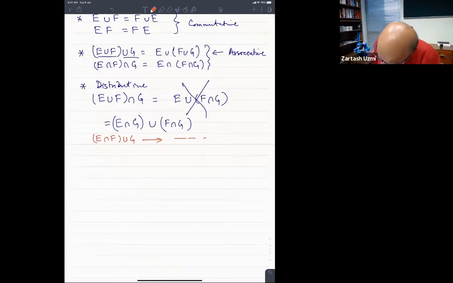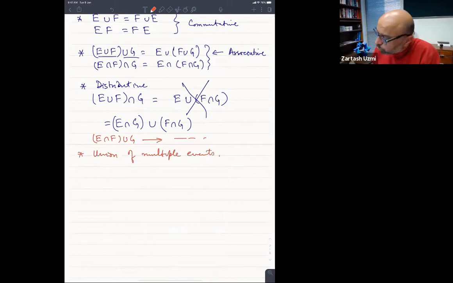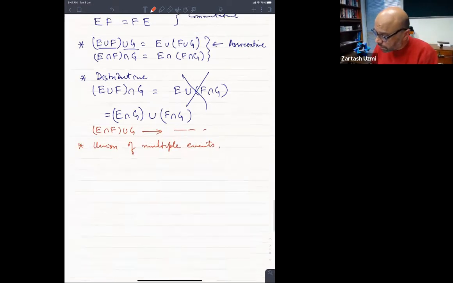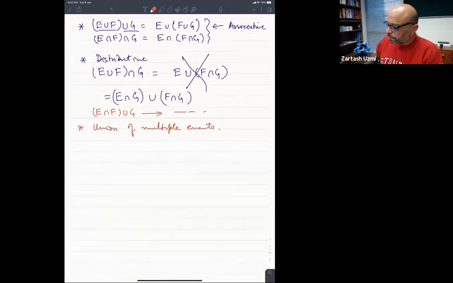Now, some more properties. Union of multiple events. Multiple events का union ले लेते हैं. ठीक है. So कैसे उसको define करते हैं? Union I is equal to 1 to n EI. ठीक है. यानी ये बहुत सारे आपके पास events हैं.